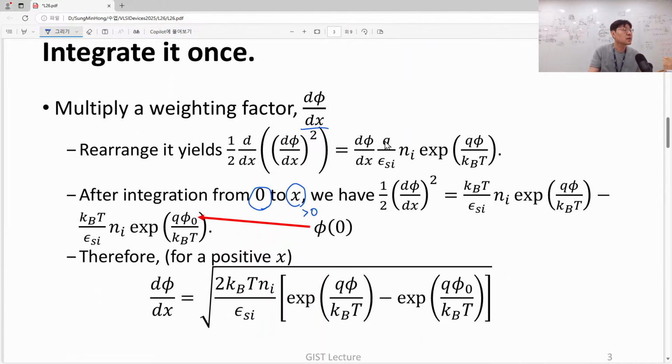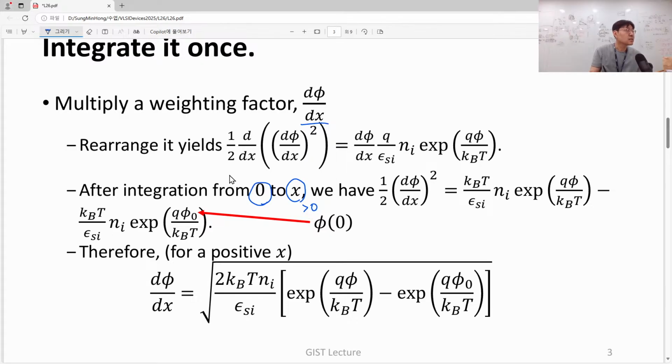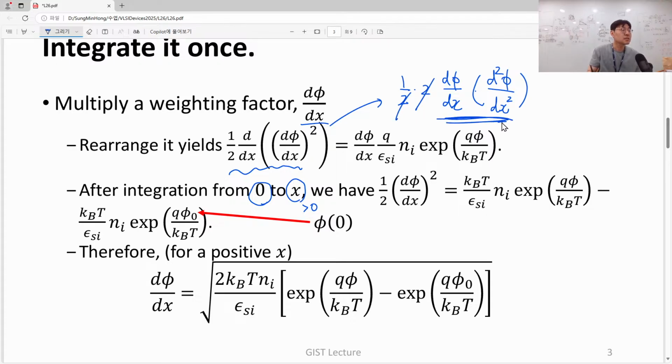This technique is already known to you, because when you take its derivative, we will have 2 times dφ over dx times the second derivative of φ. They are cancelled, and this is just the left-hand side of our equation multiplied with this weighting factor, so we can recover its original form.